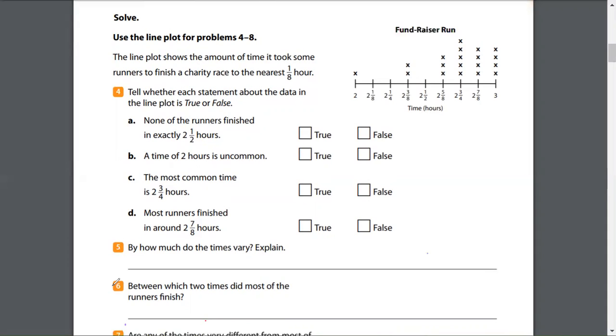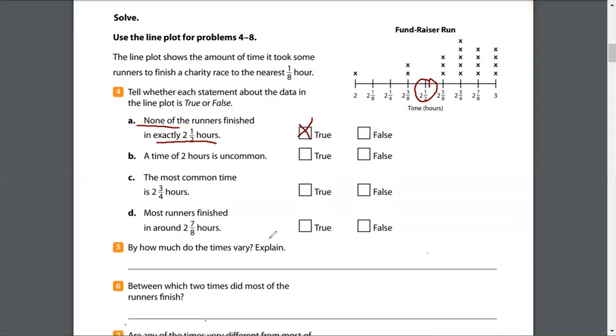Is that true or is that false? What we would do is go to 2.5 hours on the chart. When we look at 2.5 hours, there is not a point there or X saying that someone finished in that amount of time. So the answer would be true. None of the runners finished in exactly 2.5 hours.